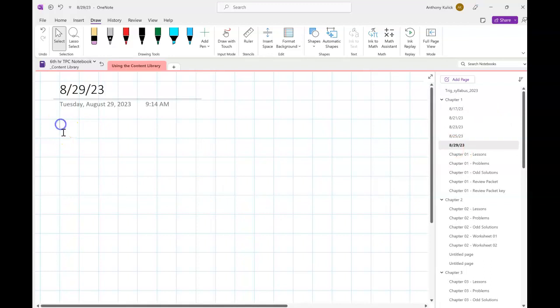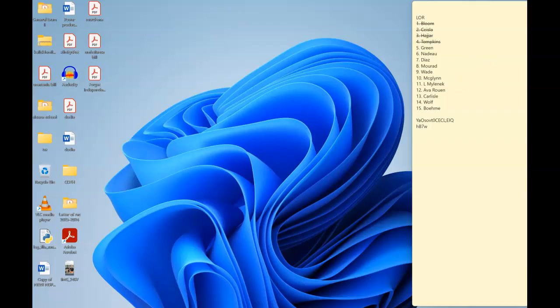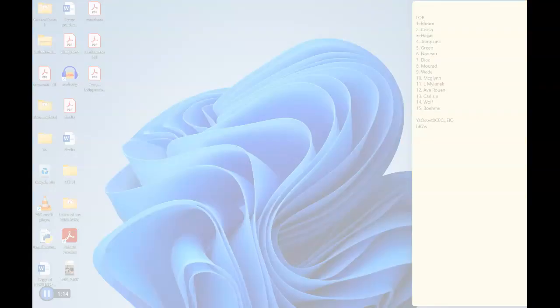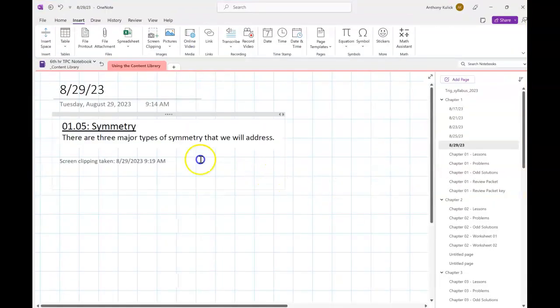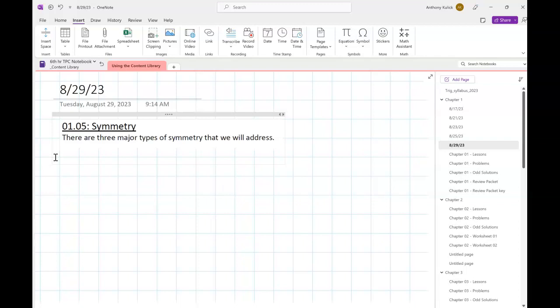Today then we're going to do sections 1.5 and 1.6 is the plan. So in section 1.5, we're going to talk about symmetry.